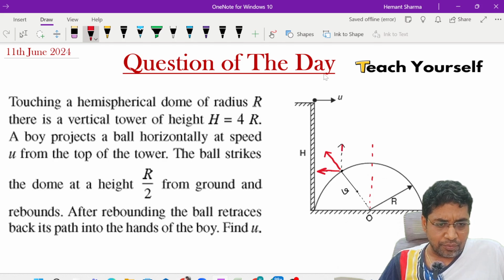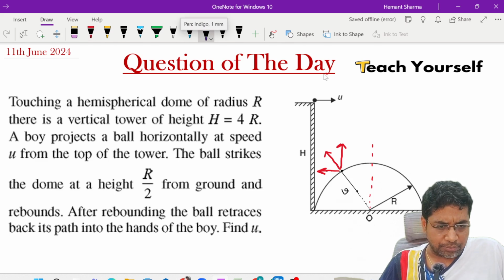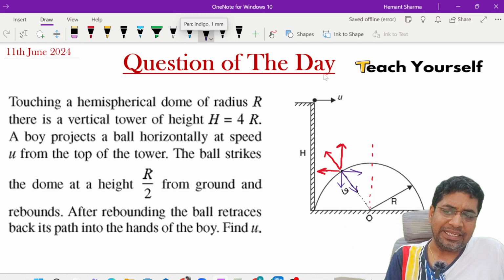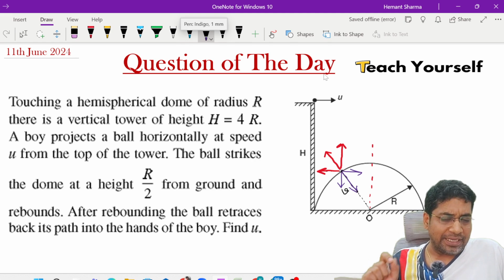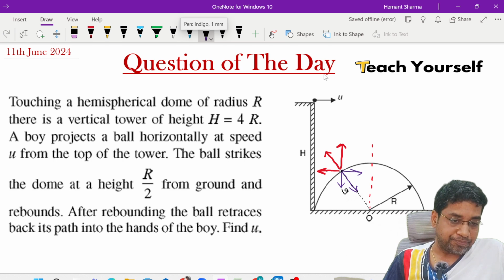With the red color, whatever I am drawing right now is the velocity after collision, and with this blue color, this is the velocity before collision. Again I am repeating, velocity before collision and velocity after collision should be identical with the same numerical value but in opposite direction, then only the particle will retrace its path.